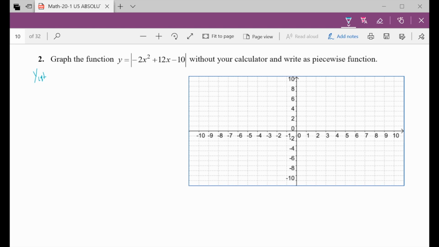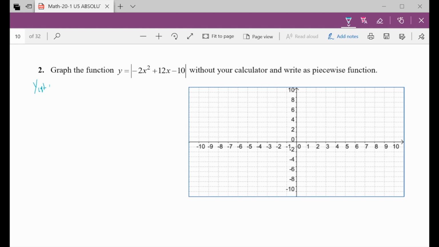Just with my experience, I know that the absolute value is going to change the y-intercept from negative 10 to positive 10. But how would you know that if you didn't already know to take the absolute value of negative 10 to find the y-intercept? Well, the y-intercept is when x equals 0, right?